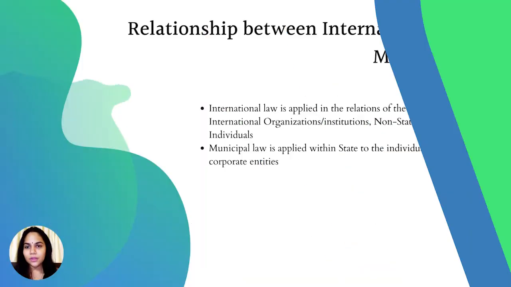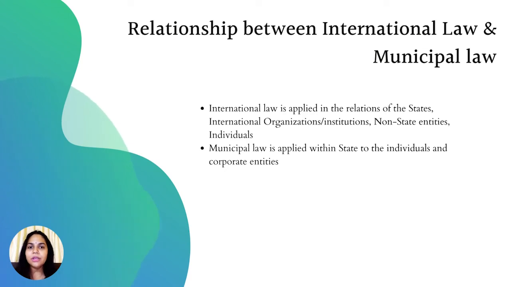Then there comes the relationship between international law and municipal law. Let's understand what is the basic difference between international law and municipal law. International law is applied in the relations of states, international organizations or institutions, non-state entities or individuals.